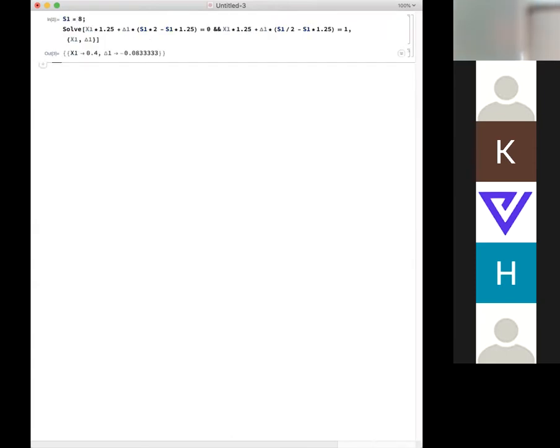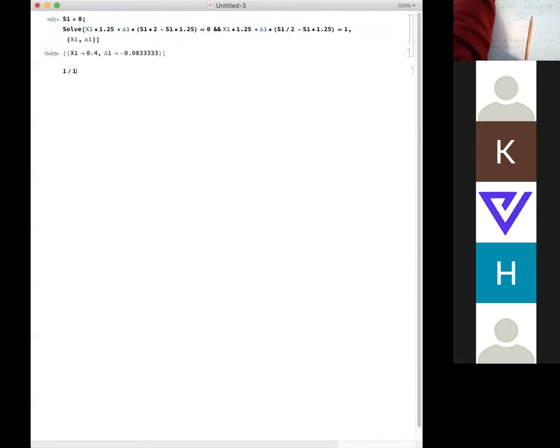And then we get this number. So then we copy paste that back into the spreadsheet. Here my x1 would be 0.4, and my delta 1 would be 0.833. I think this is the same thing as 1 over 12. Yep, that's 1 over 12. So we solved that one.